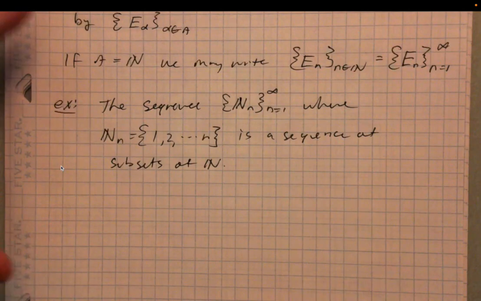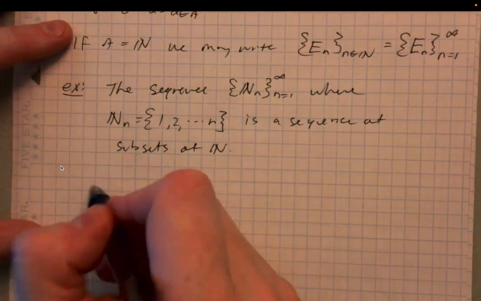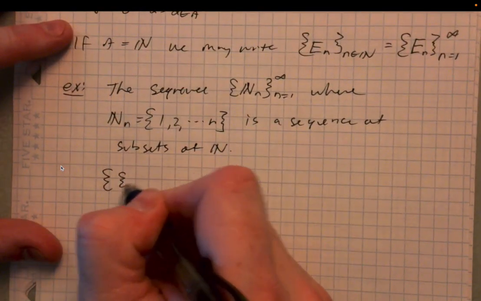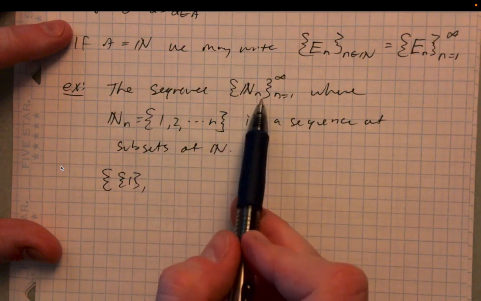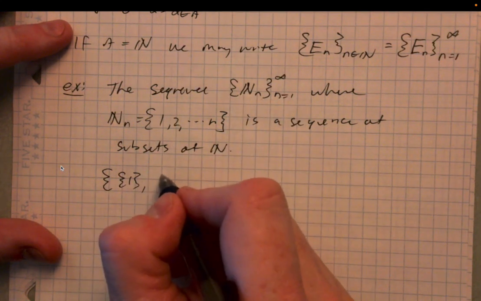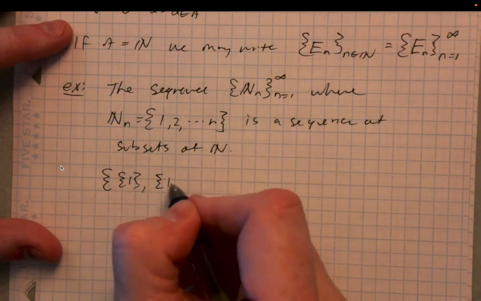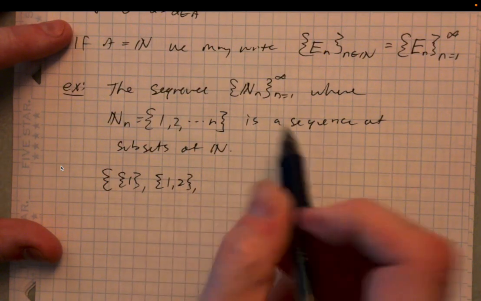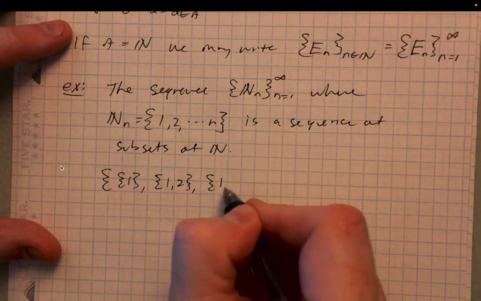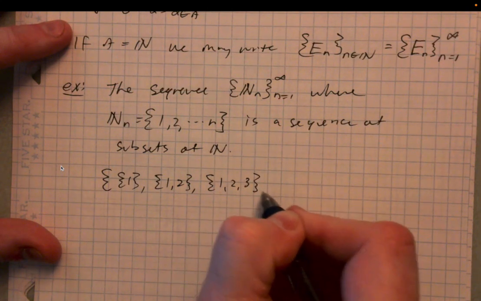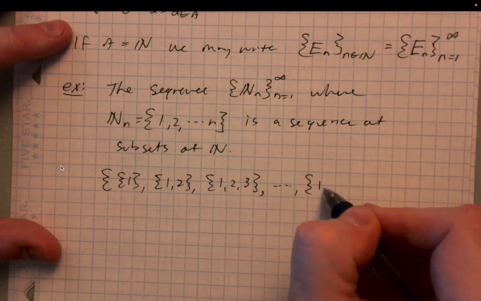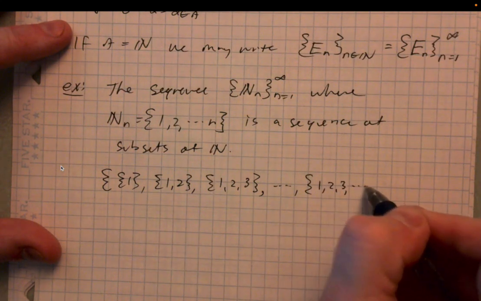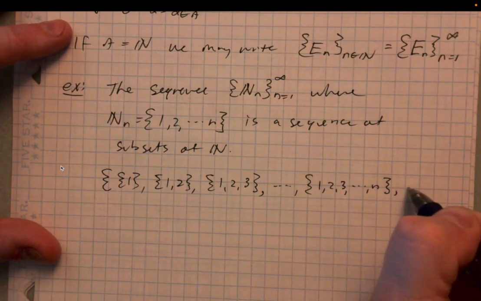Okay, what is this sequence? Well, the sequence looks like this, right? It's 1. N sub 1 is just 1. And then N sub 2 would be 1 and 2. And then N sub 3 would be 1, 2, 3, so forth. And then what would you have? 1, 2, 3, dot, dot, dot, n, and so forth.